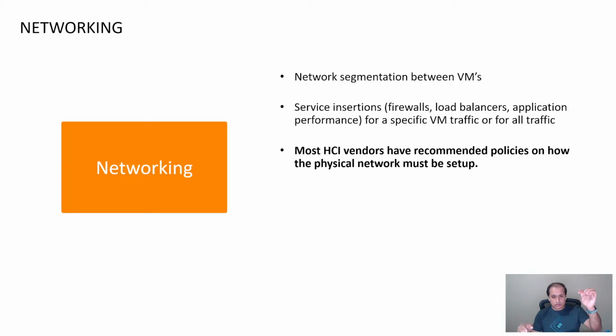So it should go to the top of the rack switch, to another top of the rack switch, and down to the node. This kind of setup will make sure that you have an efficient HCI configuration and you don't lose the data. Because these systems do deduplication and, for redundancy, copy the data from one server to the other, they have to do it at a very fast rate.